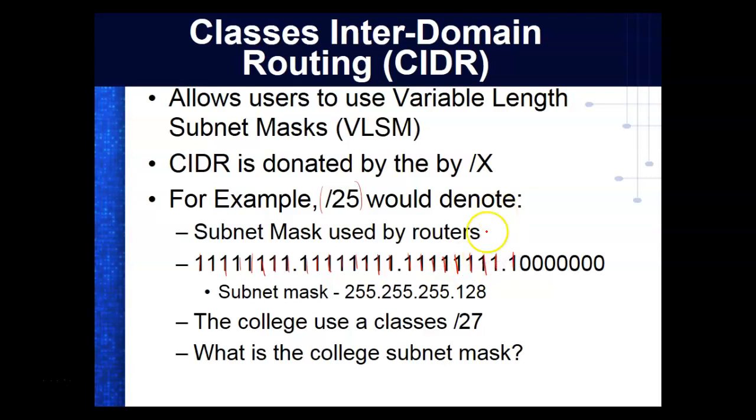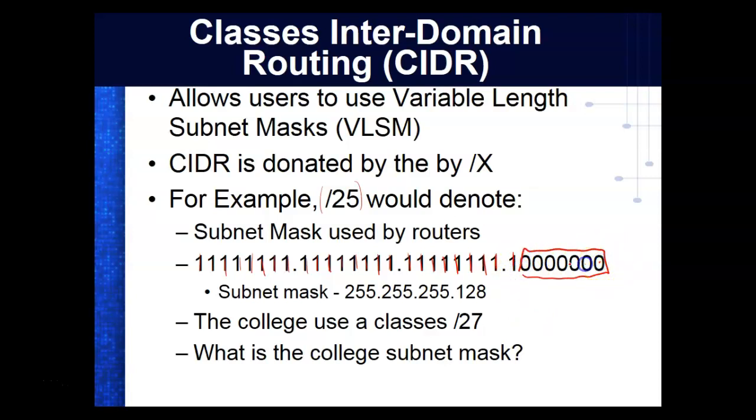So a /25 would designate that the first 25 bits are the subnet, and then the rest of this would be the actual node ID.